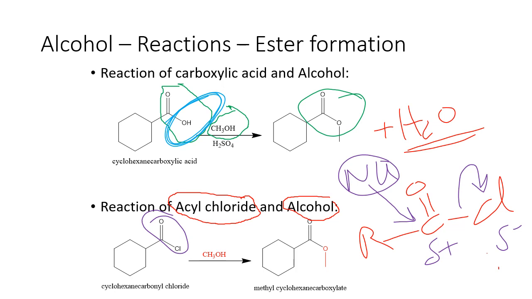And so the acyl chloride is reacted with alcohol, and the alcohol reacts with the acyl chloride to make the ester. This alcohol is methyl alcohol, so here we have a methyl ester. The methyl of the alcohol came and attached to this carbonyl, and the Cl left as a good leaving group.